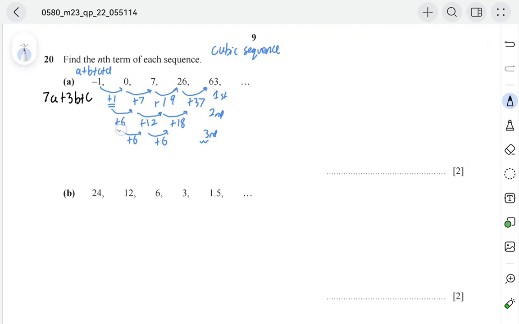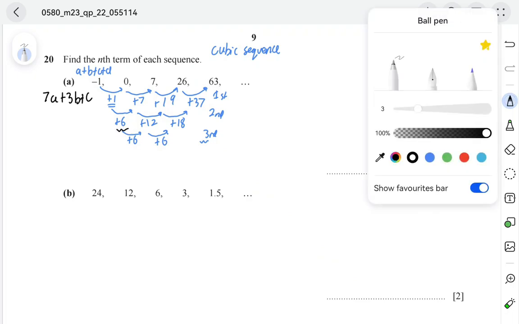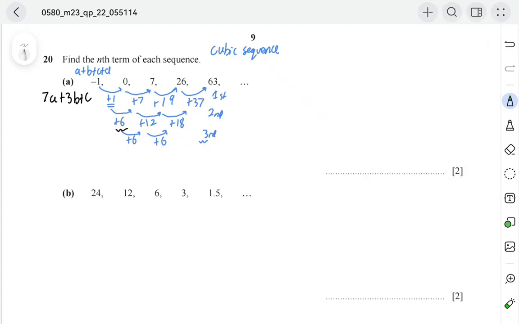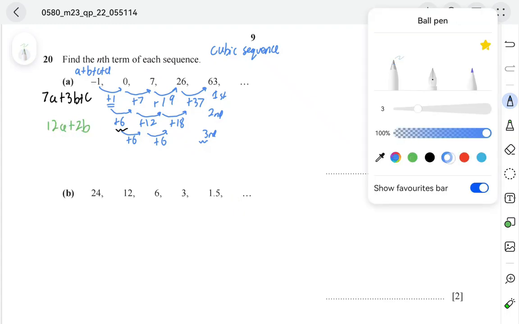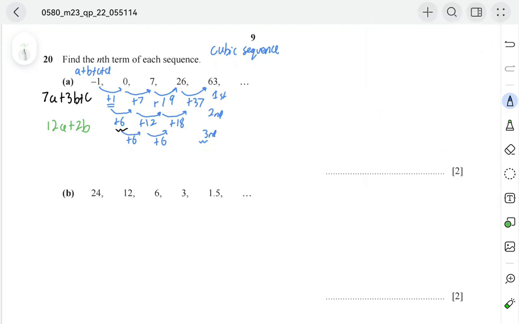The first term of the second interval is 12a plus 2b, and the first term of the third interval is 6a.